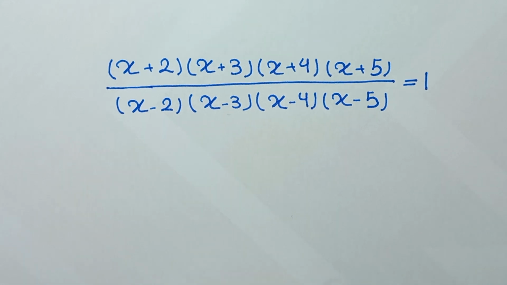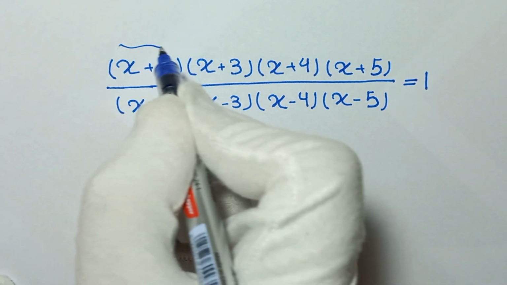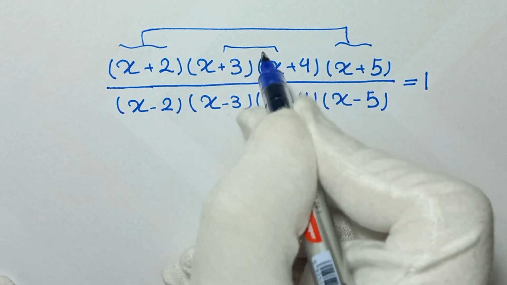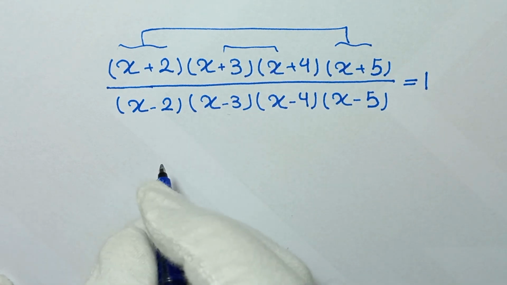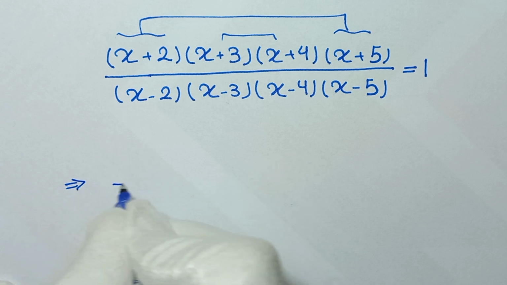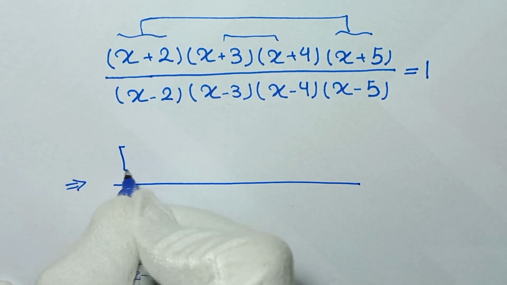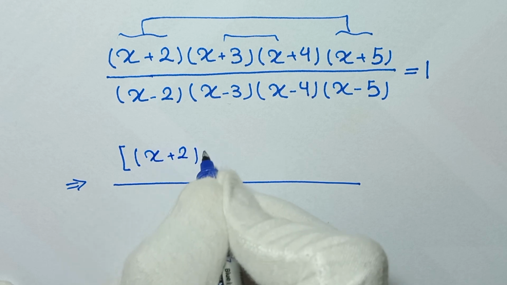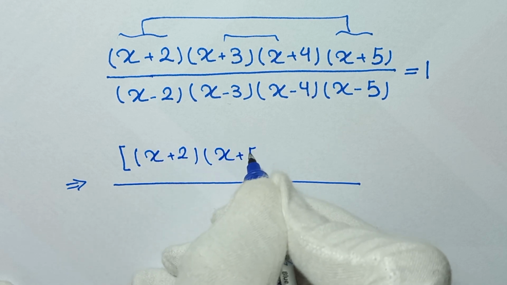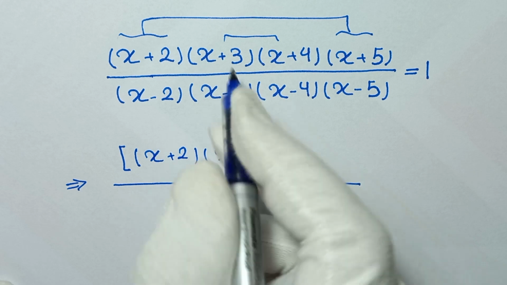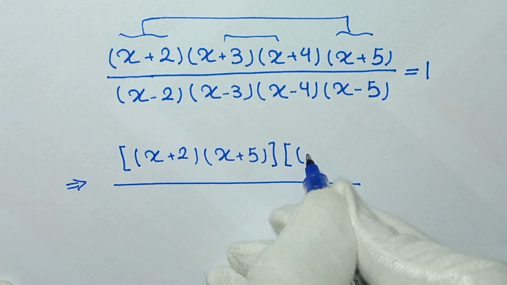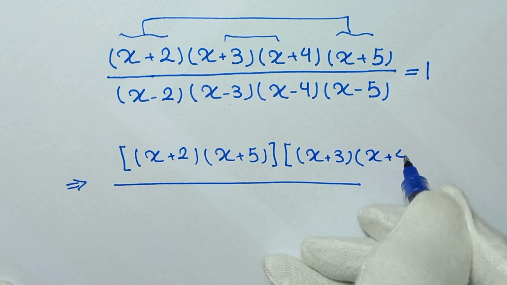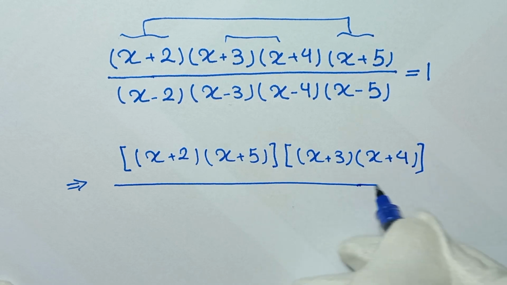In the first step, we take these two parts together and these two parts together. For the numerator, we write the bracket (x+2)(x+5) and the bracket (x+3)(x+4).